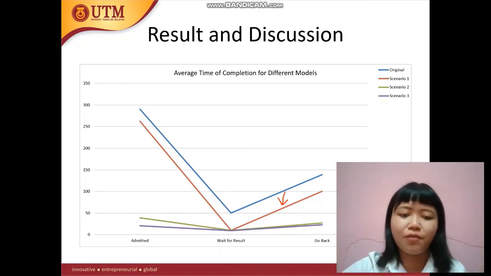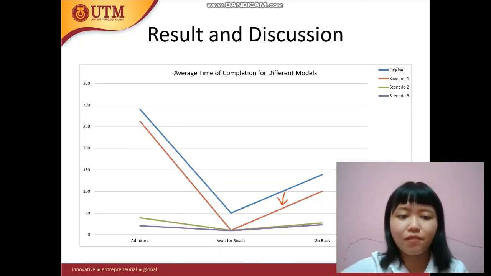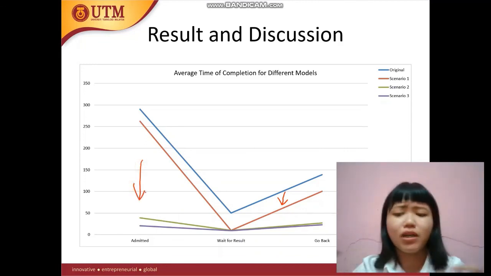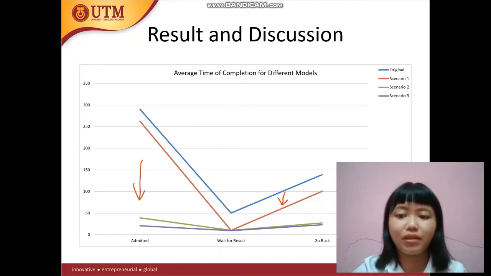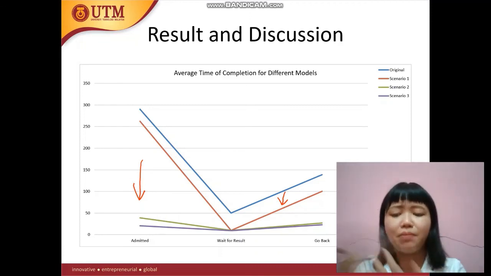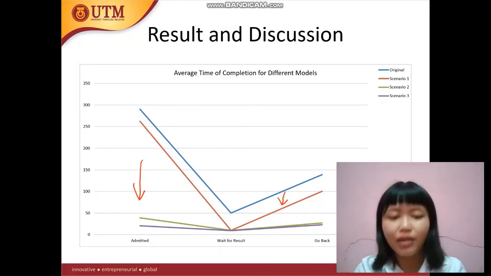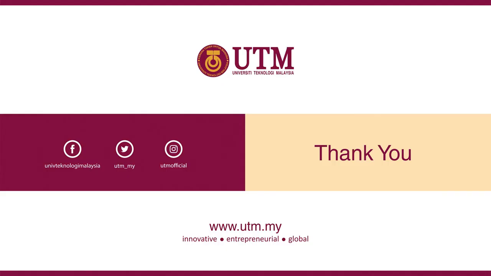It has no effect on wait for result because we didn't change anything that can affect it, but admitted reduced a lot, because before we had 190 people queuing and now we have another room that can treat patients quickly. For scenario 3, although the number doubles, as long as our system can sustain it, the waiting time doesn't increase a lot. That's all. Thank you for listening.